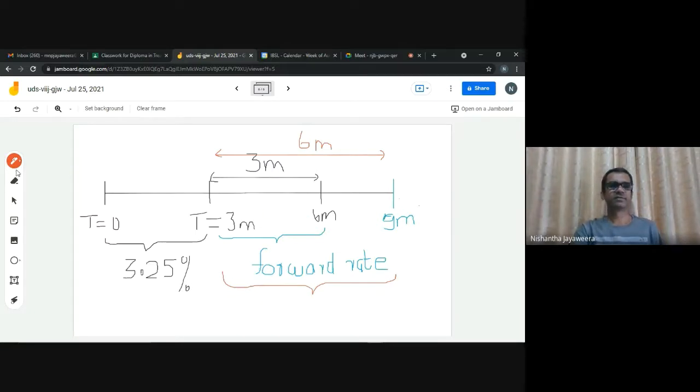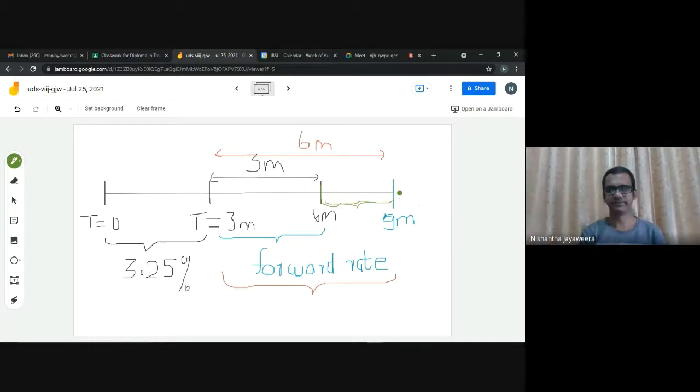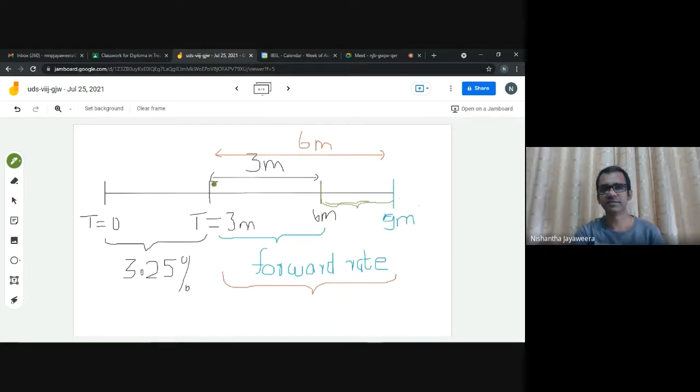It can be 3-month interest rates beginning after 6 months from today. What would be the interest rate applicable for this 3 months period? You can fix that rate today. No need to wait until you come to this date to fix the interest rate for the next 3 months.